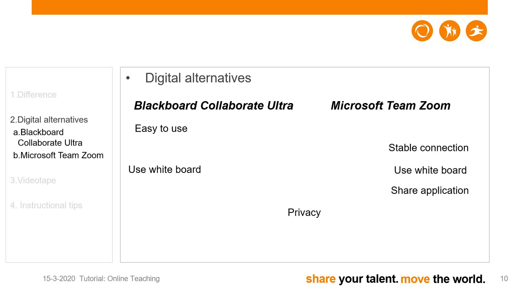I always had a very good experience with that. About privacy, in Zoom you can enter a password, while in Collaborate Ultra, you cannot configure it. So from the perspective of privacy, Zoom has more advantages. These are the differences between Collaborate Ultra and Zoom.